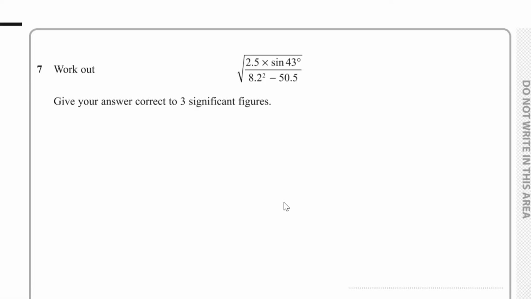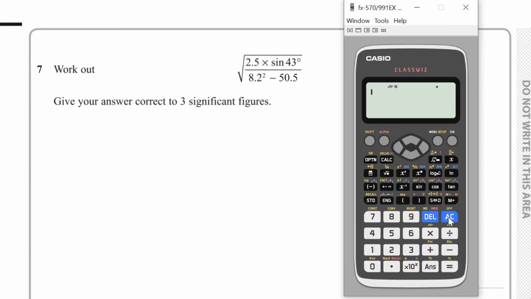For question number 7, we have to work out the square root of 25 times by the sine of 43 degrees divided by 8.2 squared minus 50.5. And if we substitute this into our calculator, we have the square root of 2.5 times by the sine of 43 degrees divided by 8.2 squared minus 50.5.